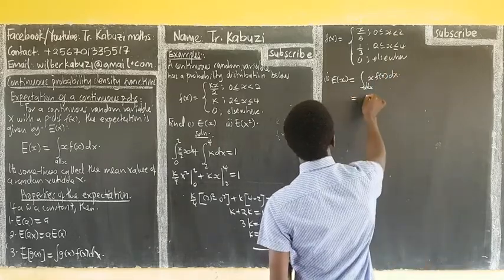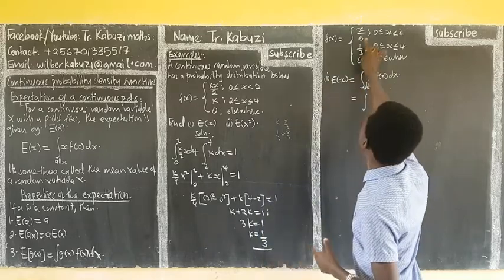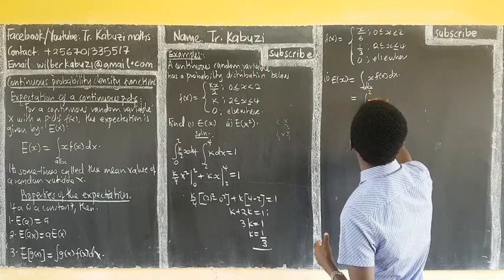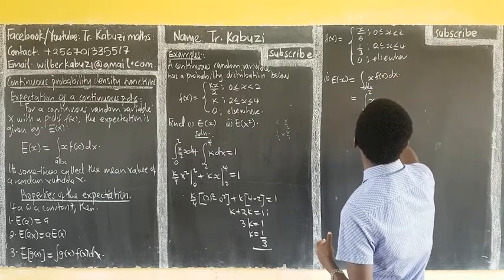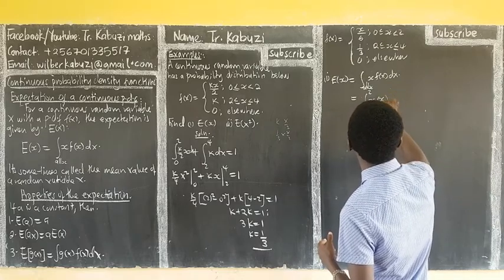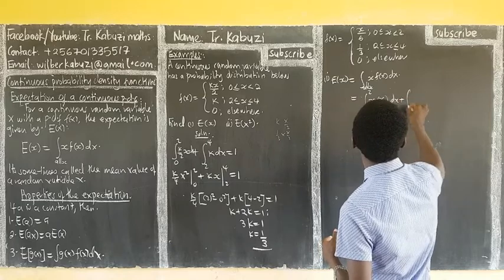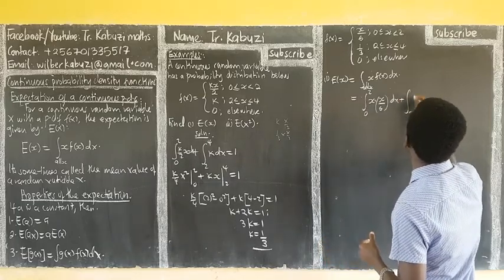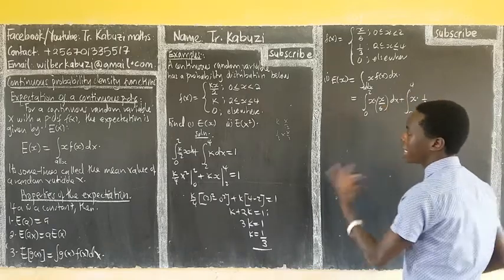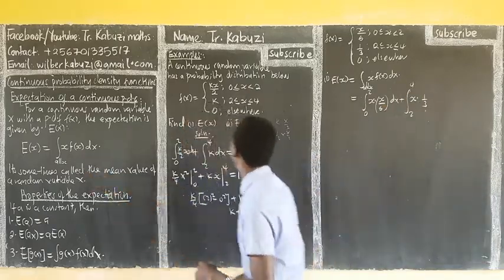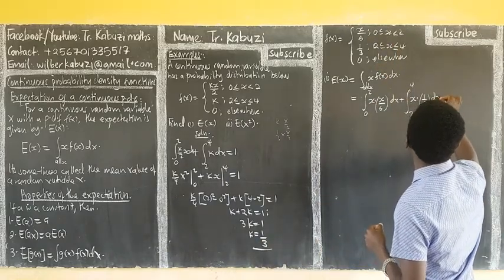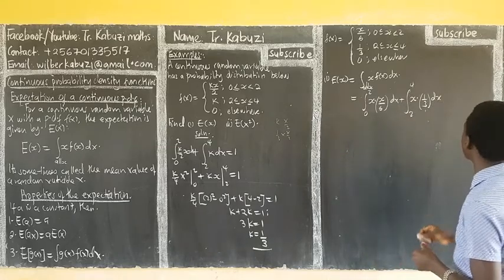We are going to integrate from 0 to 2 of x times our f of x, which is x over 6, plus from 2 to 4 of x times the PDF. In this range our PDF is x over 6, and in this range it is a third. Then we just integrate this.